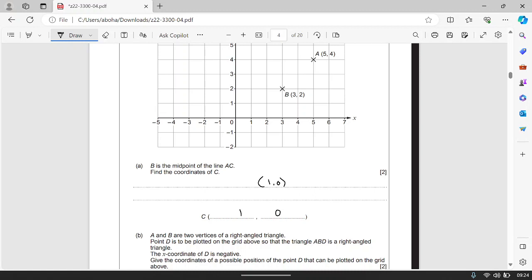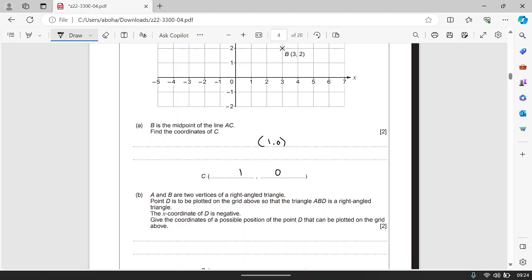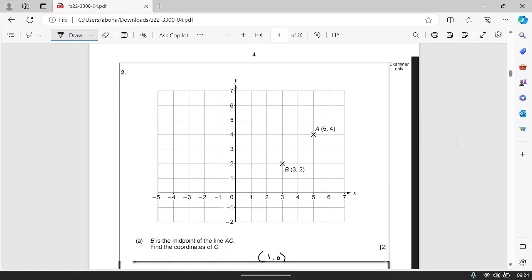The x-coordinate of D is negative. Given the coordinates of a possible position of D can be plotted on the grid above. So you basically will have to plot somewhere a coordinate where in this region here the x-coordinate has to be plotted in order to make this a right angle triangle.